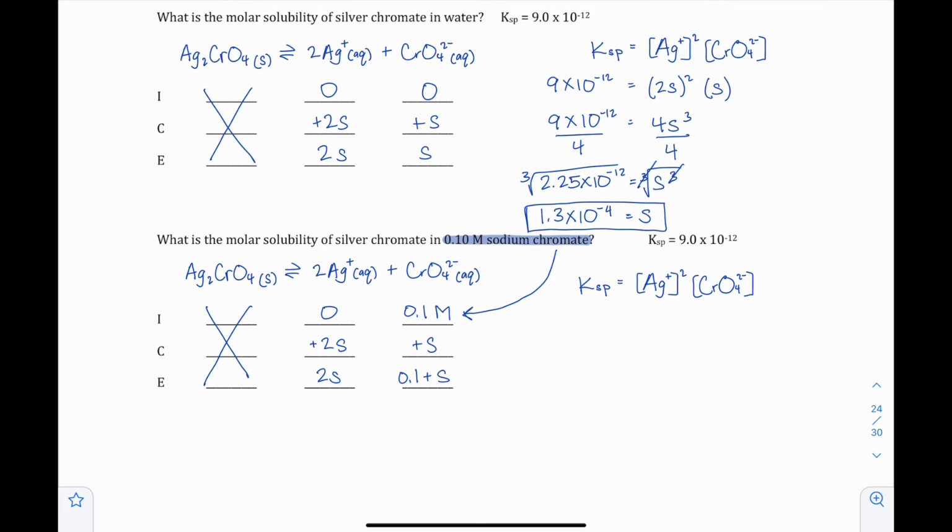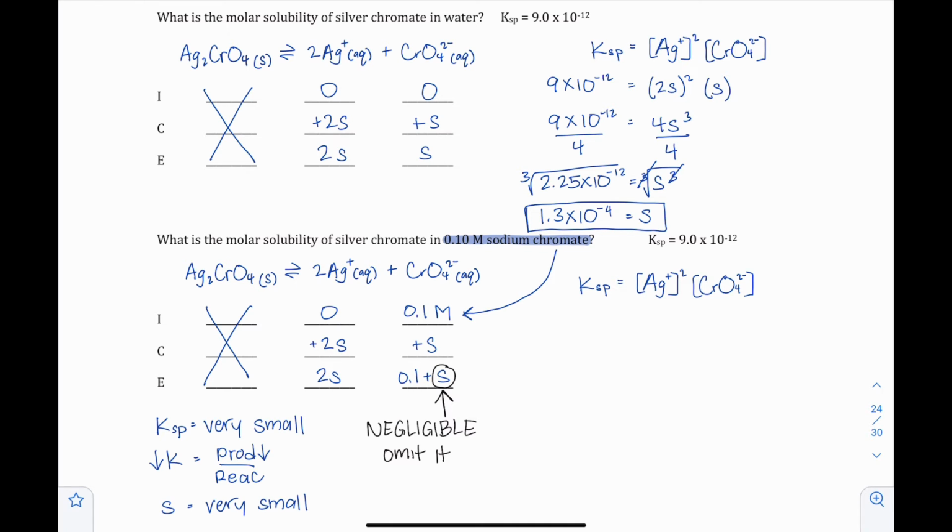Now if you plug this into the equilibrium expression, it's difficult to solve, but here's a trick that will make the problem easier. We know that K is very small. In this case, it's 9 times 10 to the minus 12. Since K is products over reactants, if K is really small, that means the amount of products is really small.